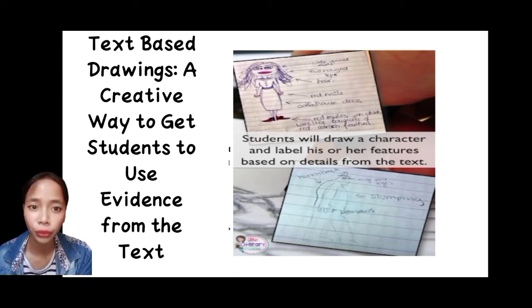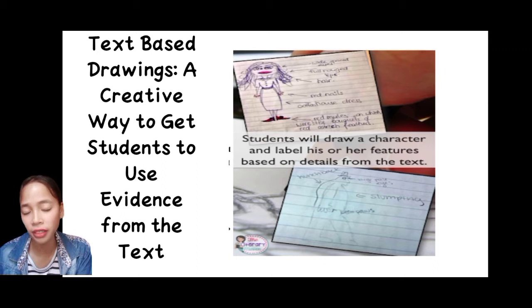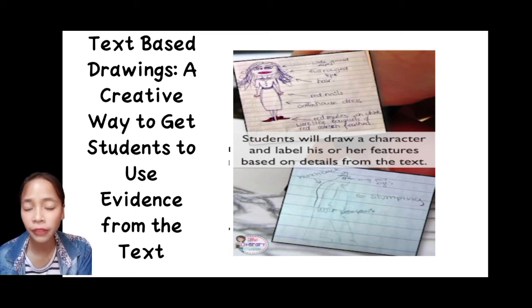One way to mix things up is to ask students to draw a picture and label it based on the details from the text. For example, as my students did a close reading of the passage from chapter 1 of Of Mice and Men, they looked for the differences between the main characters, George and Lennie.